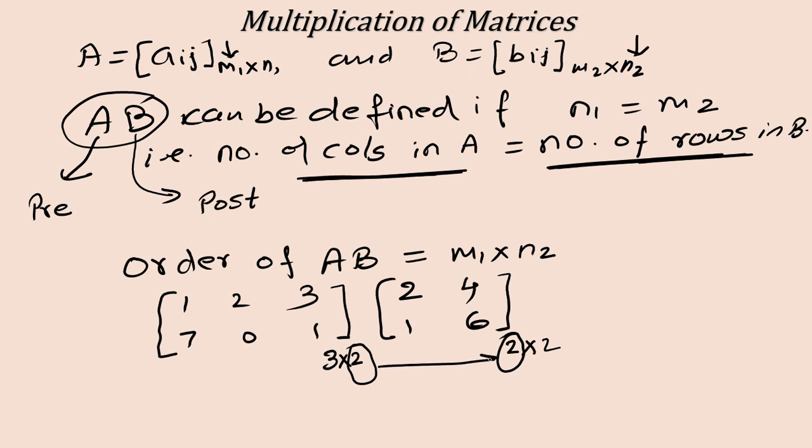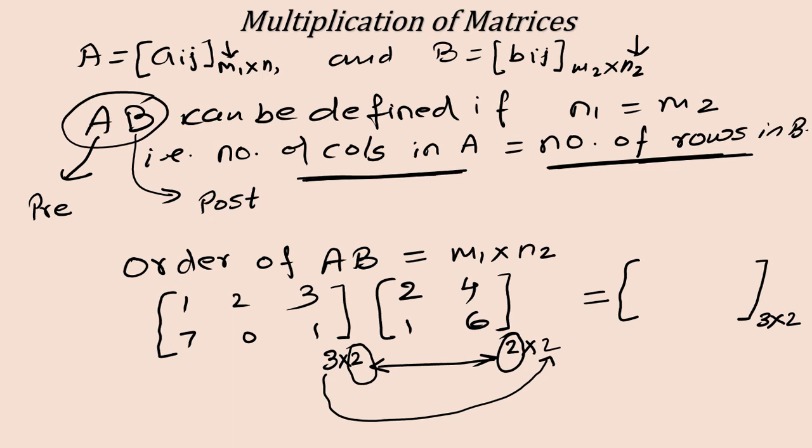It means we can multiply them. And when you multiply them, what will be the order of the resulting matrix? It will be first by last, so its order will be 3 by 2. We have not yet seen how to multiply the matrices. We are still discussing when we can multiply and what the order of the resulting matrix will be.